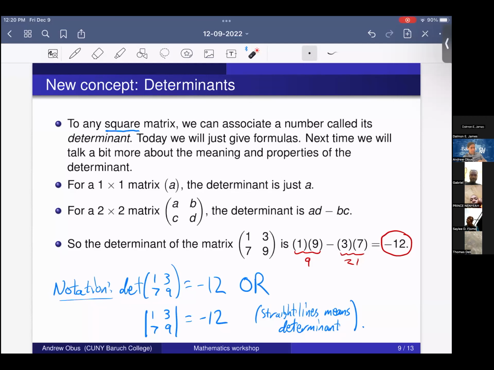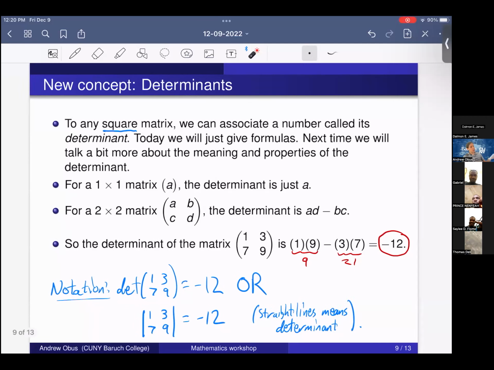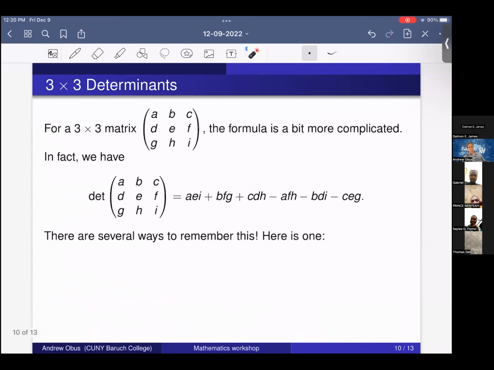Okay, great. So I want to finish by talking about 3x3 determinants, which are a little bit more complicated. If I have an arbitrary 3x3 matrix, I can write it like this: A, B, C, D, E, F, G, H, I. And I claim there is a somewhat more complicated formula for the determinant, which is very difficult to memorize.